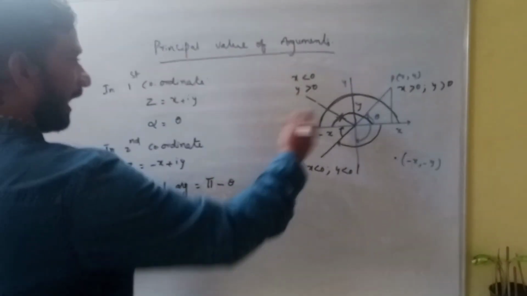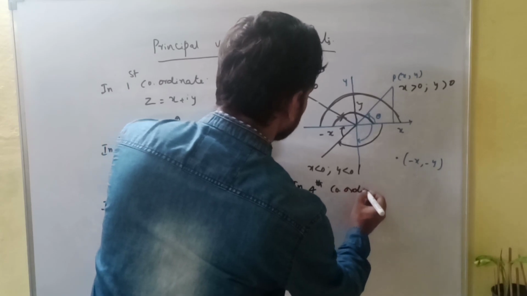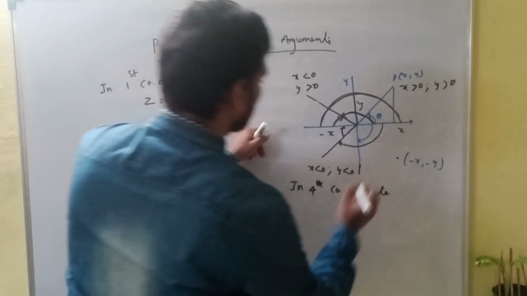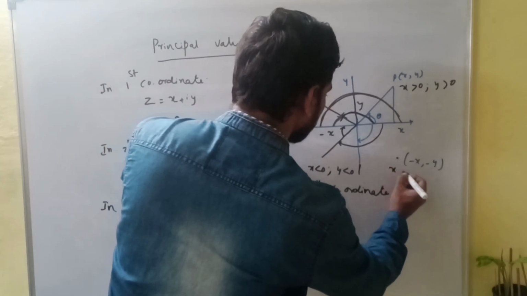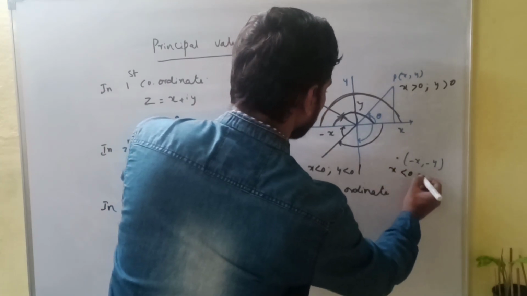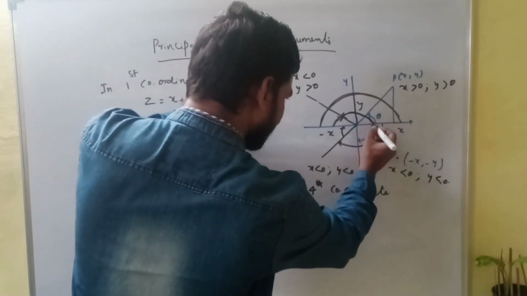Now I am going to the fourth quadrant. In the fourth quadrant, x is greater than 0 and y is less than 0. In this, you have to measure this angle, right?